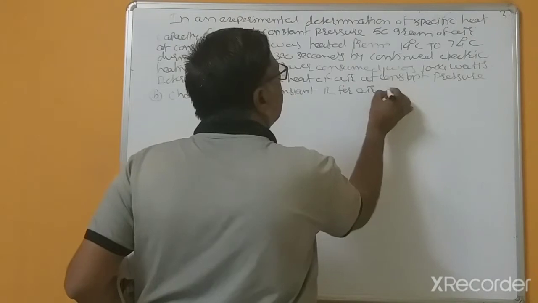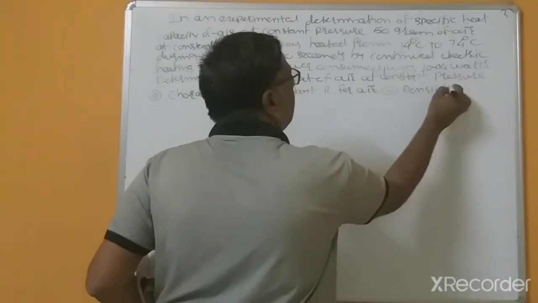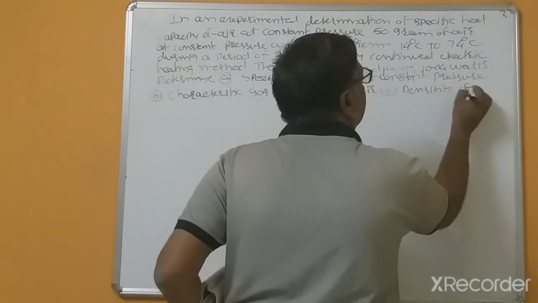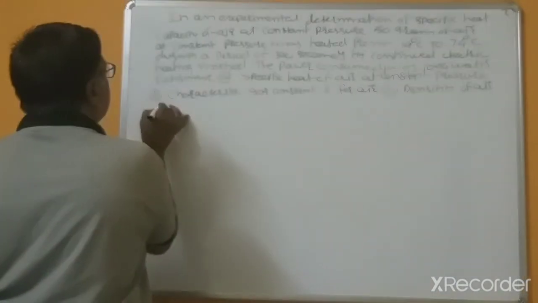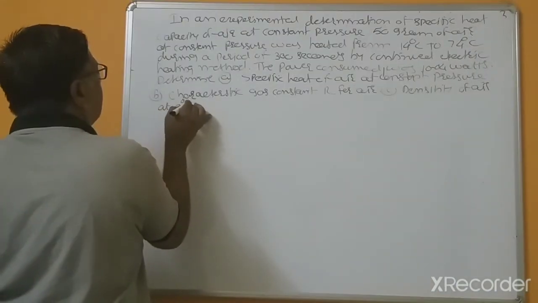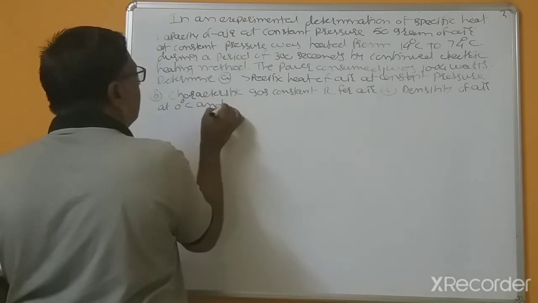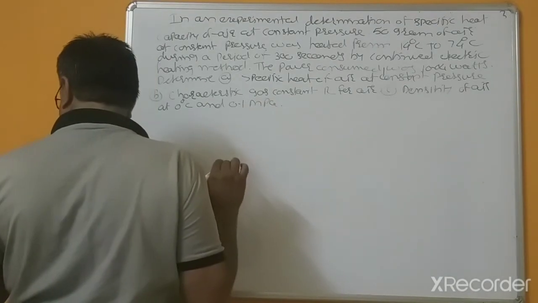C bit, the density of air at 0 degrees centigrade and 0.1 megapascal.